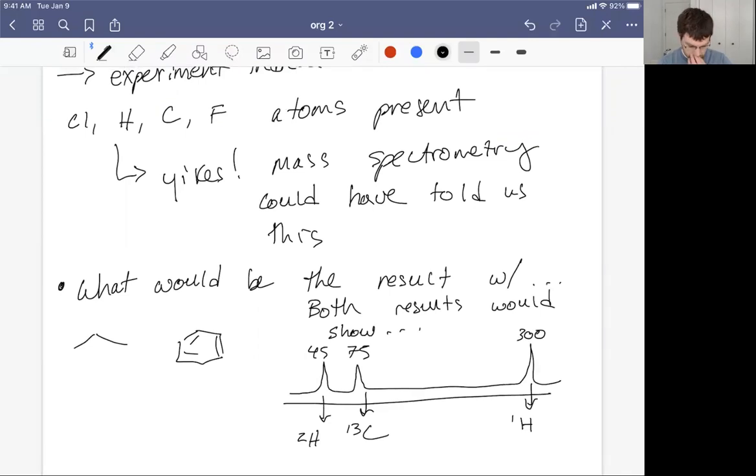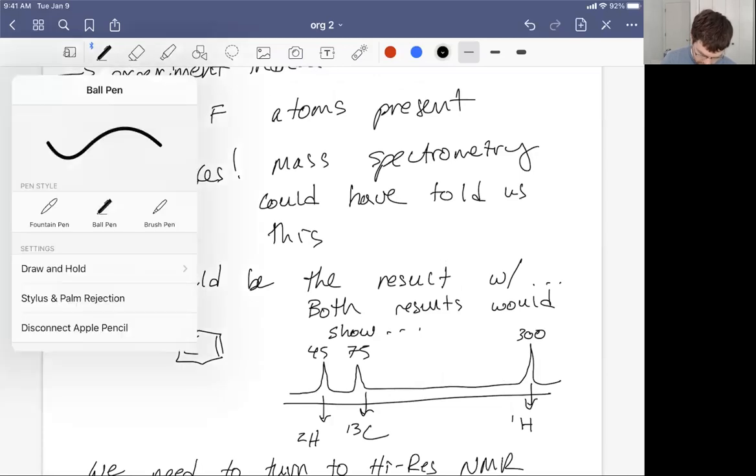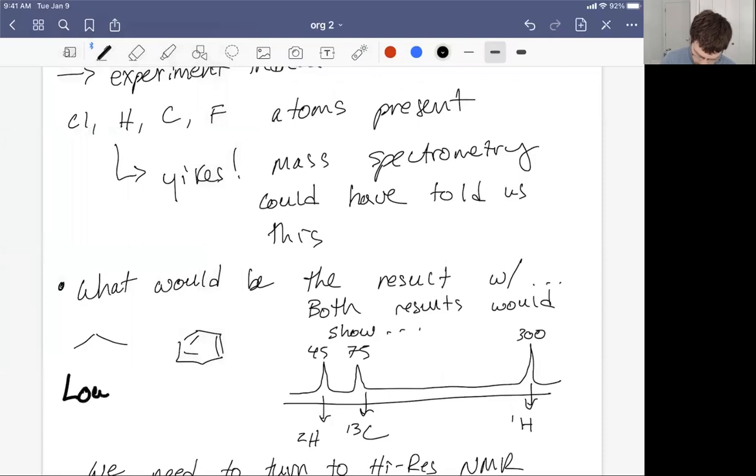And so what we need to do is we need to turn to high resolution NMR. So what I would call this low res NMR. All right, let me get a bigger marker here. So low res NMR. But it gets the idea across.